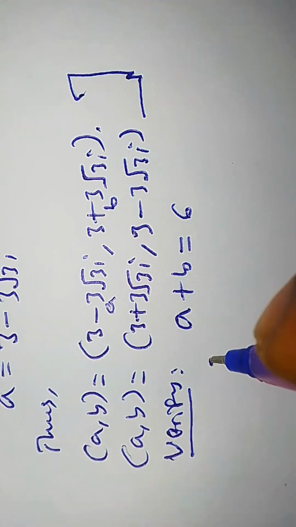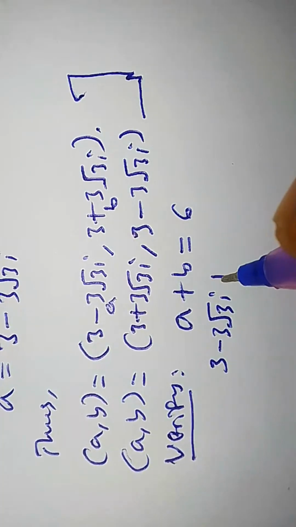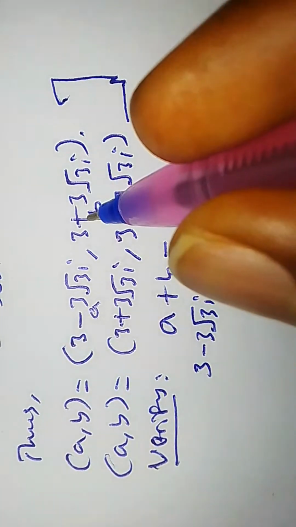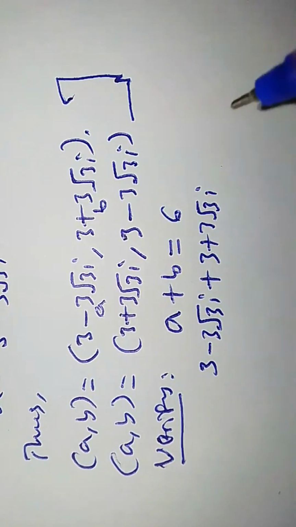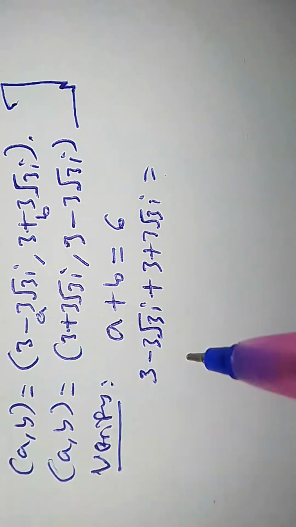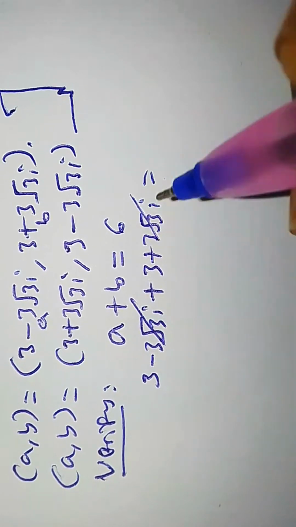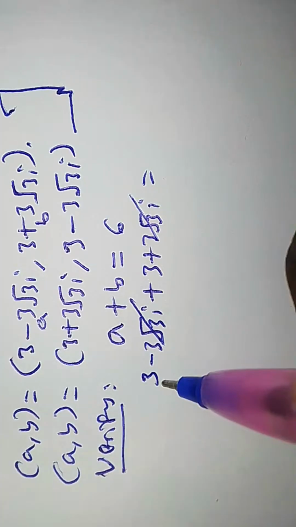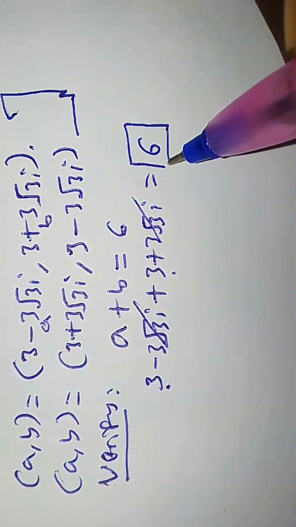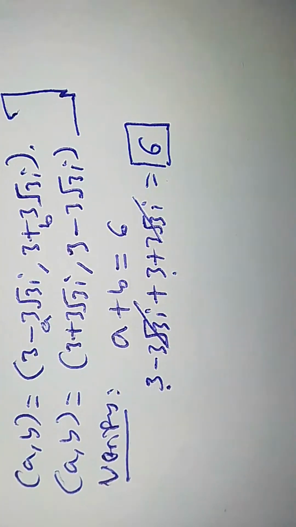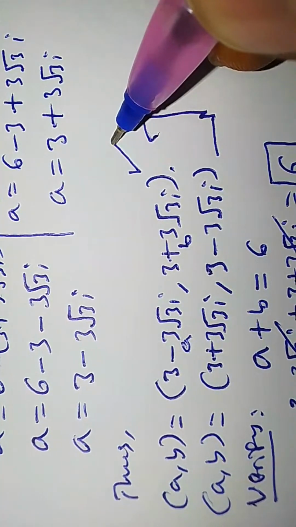So doing that, we have 3 minus 3 root 3i plus b, which is 3 plus 3 root 3i. This is equal to, clearly, minus 3 root 3i plus 3 root 3i goes, we are left with 3 plus 3, which is 6. This is exactly what we have on the right hand side of this equation. That means the first solution is correct.